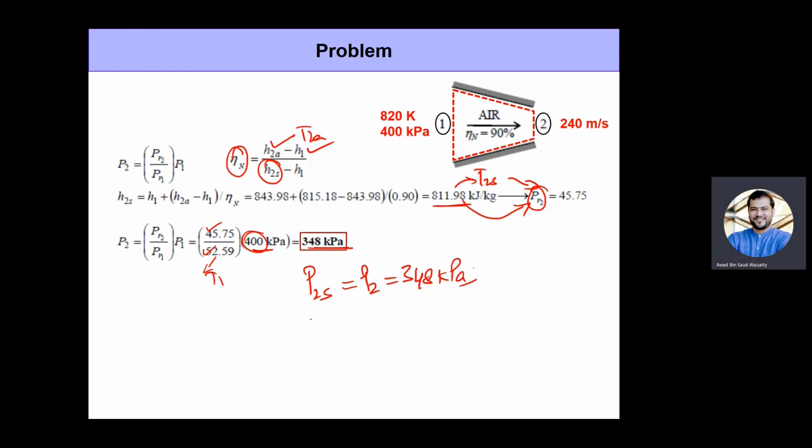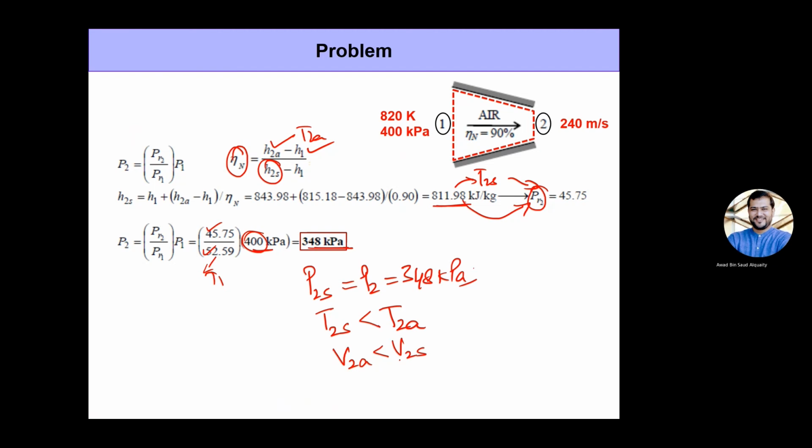The only difference would be for an isentropic process, the temperatures would be lower. Okay, so T2S would be smaller than T2A, and the velocities for an isentropic process would be greater than the velocity for the actual process.